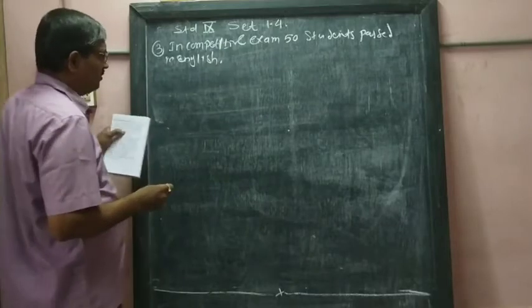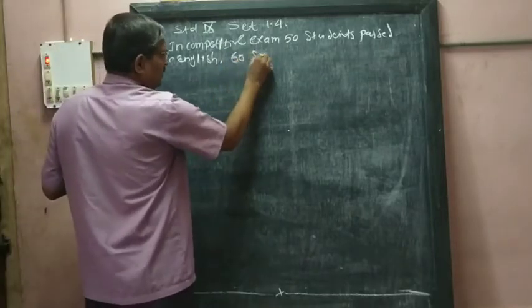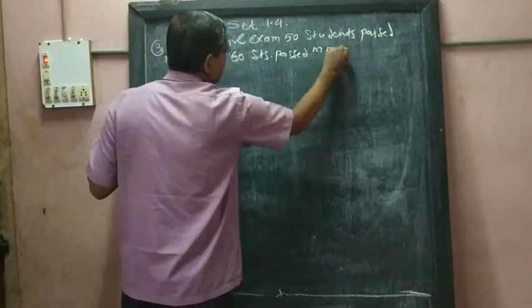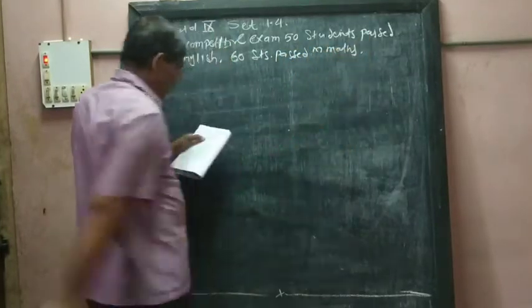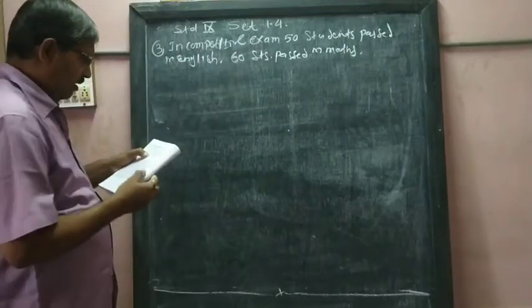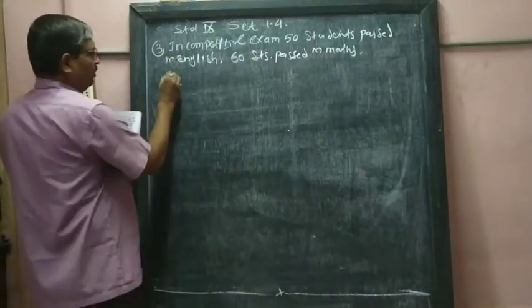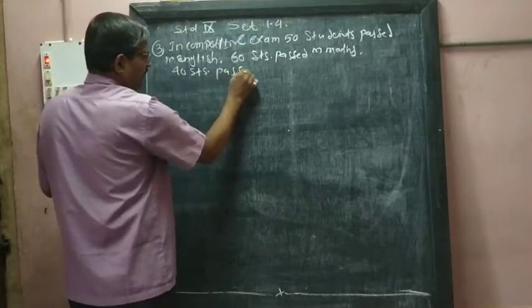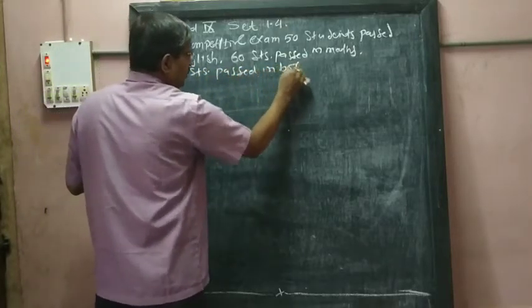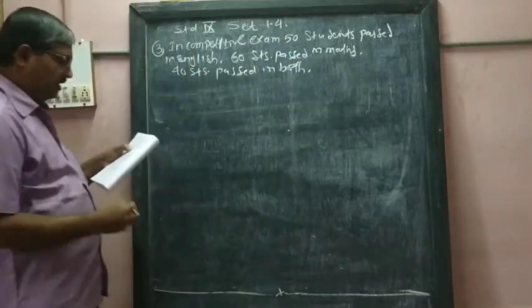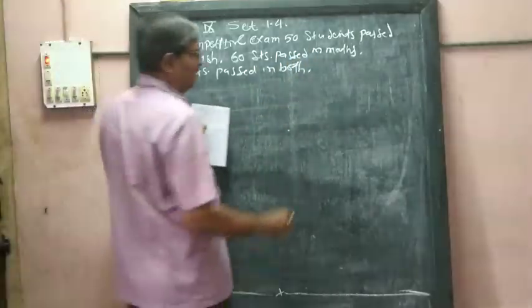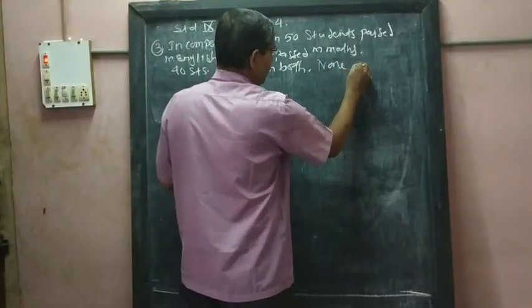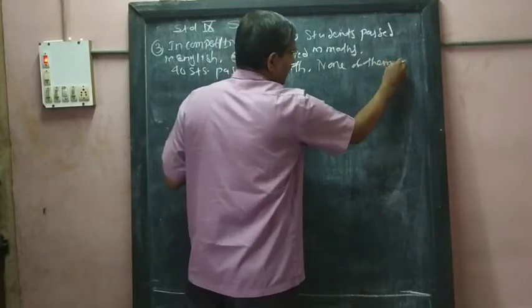Then 60 students passed in maths. 40 students passed in both. None of them failed.